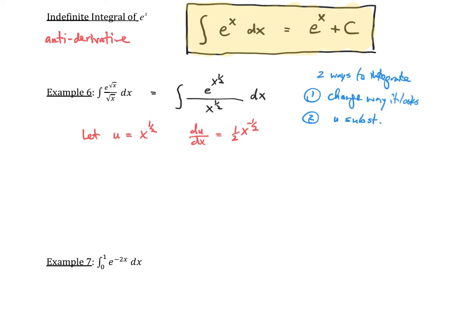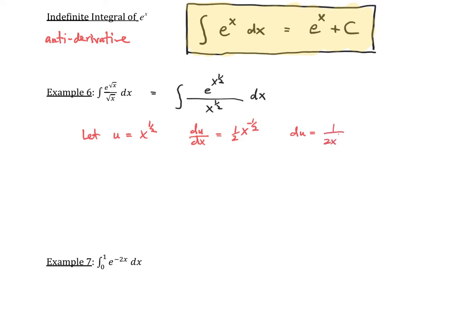So du is equal to 1 over 2 x to the 1/2 dx, like this. Isolating the dx, this tells me that my dx is going to be equal to 2 times x to the 1/2 power du.